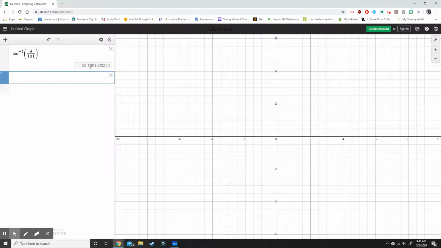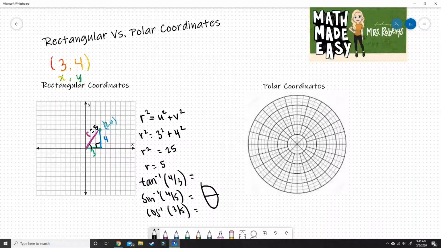And that is 53 degrees. And 53 degrees makes sense because 45 degrees would be 4 over 4, so we're pretty close to that. So theta here is 53 degrees. Now we figured all of that out using the rectangular coordinate system.